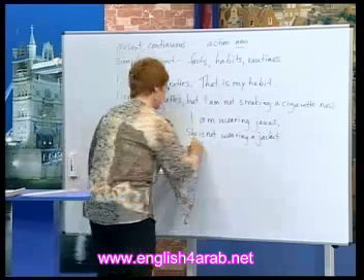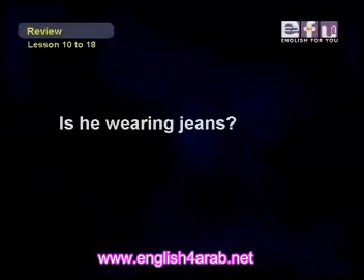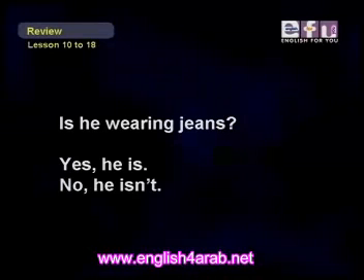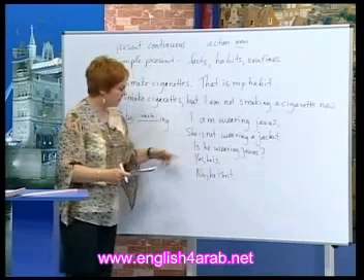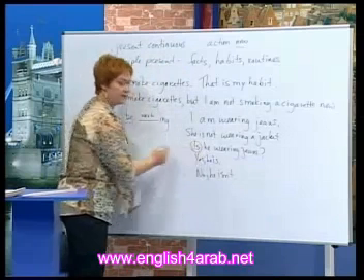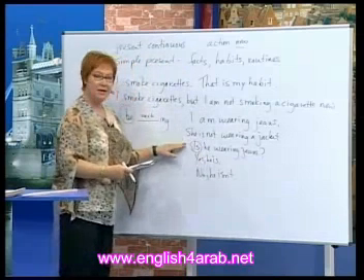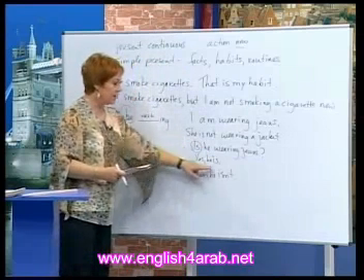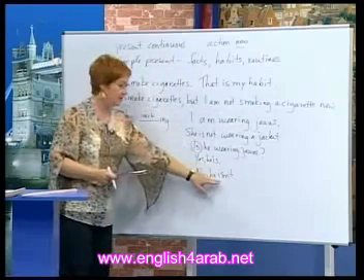Here's the question. Is he wearing jeans? Yes, he is. Or no, he isn't. Now remember, if the question begins with a be verb, it's a yes-no question, and you answer with the right be verb.